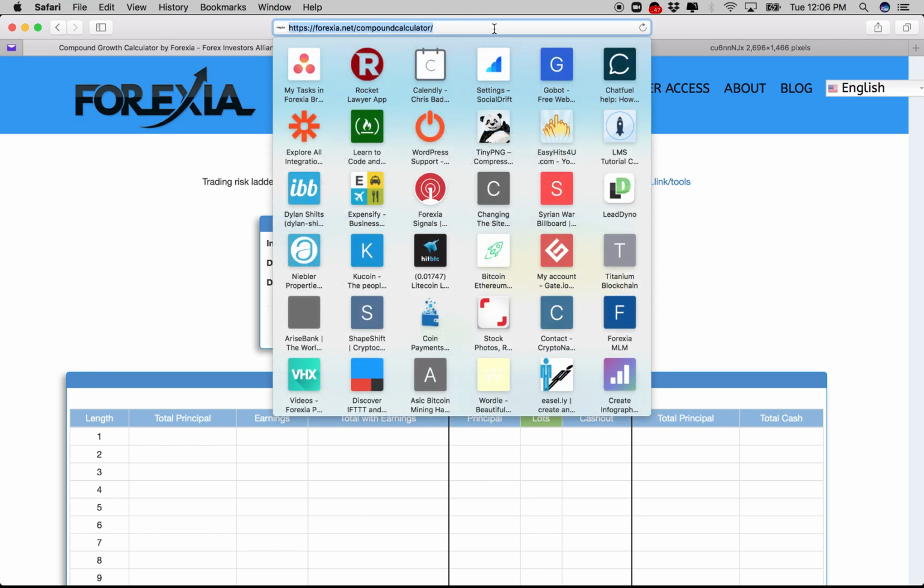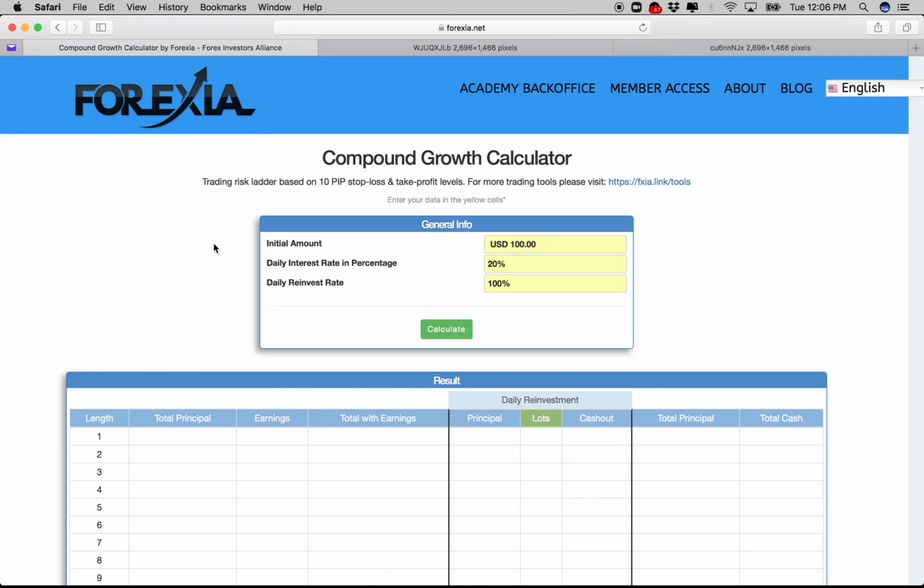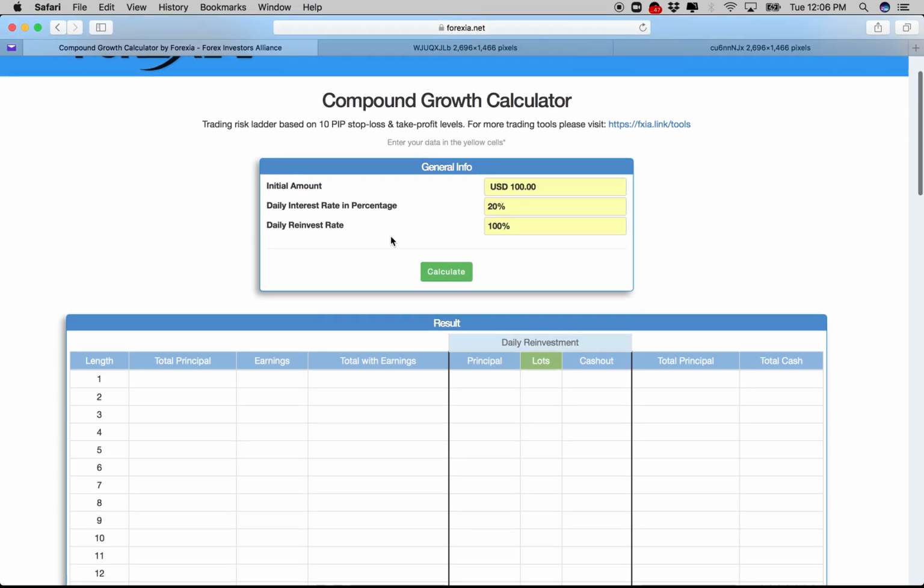This calculator can be found at forexia.net/compound calculator. This calculator has three different variables. The initial amount, which is your balance. Below that is the percentage of risk that you will be taking per trade.